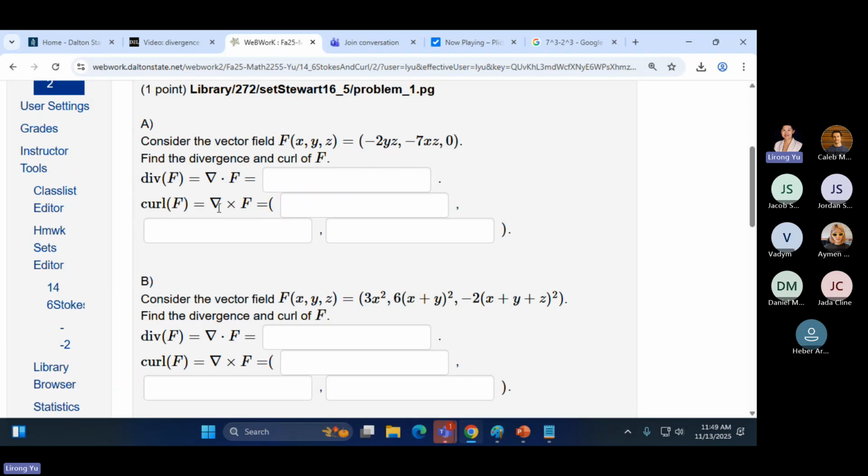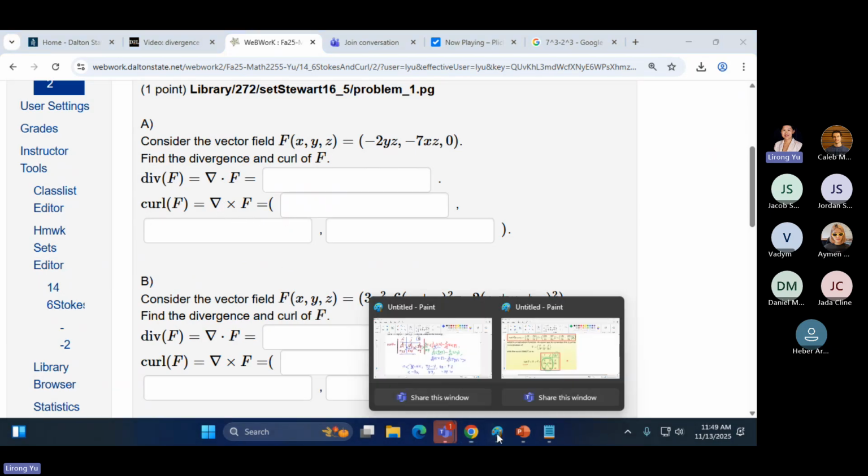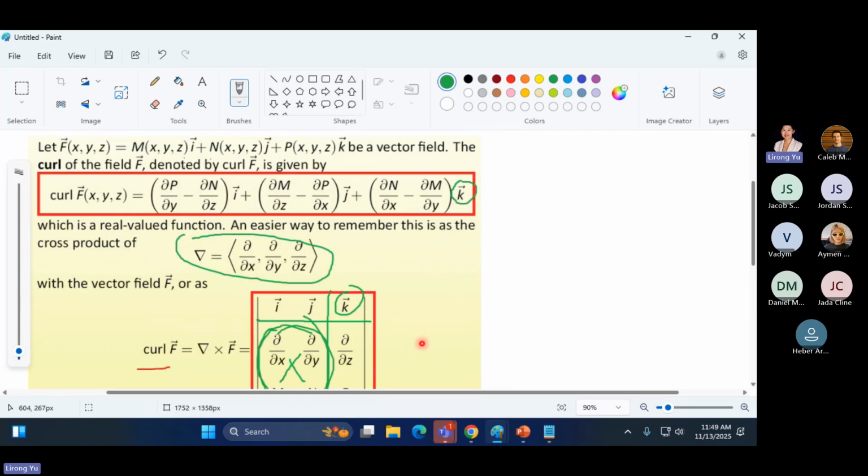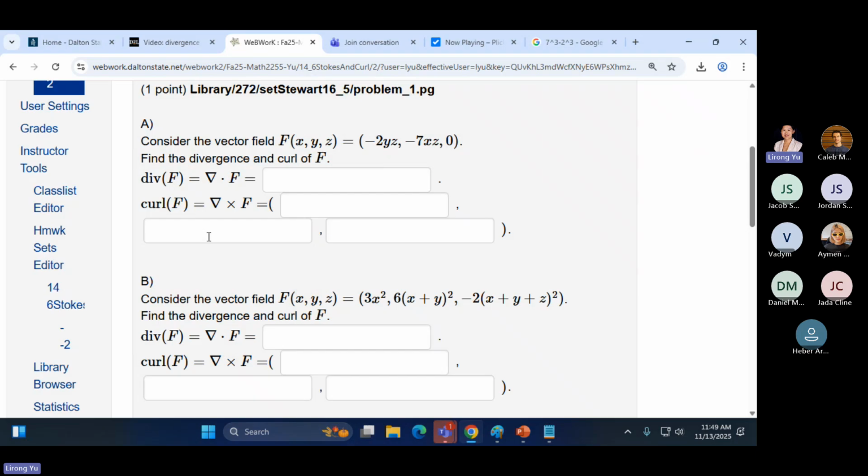So in this case, you have the operator cross the original vector. That's the curl. Right, and then if you don't have the dot or the cross, then it'll be the gradient field.